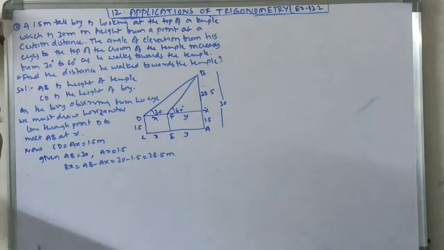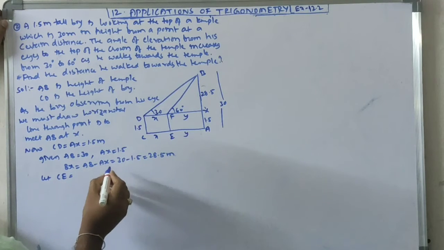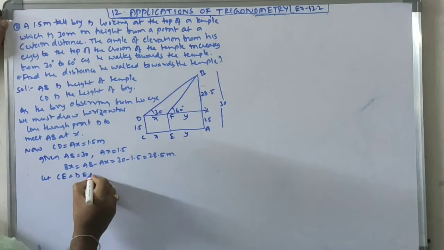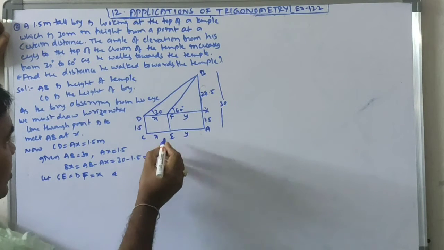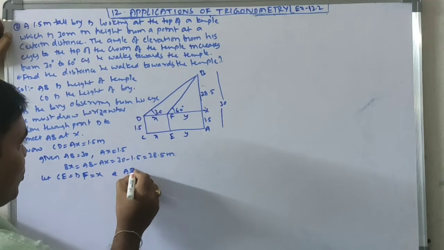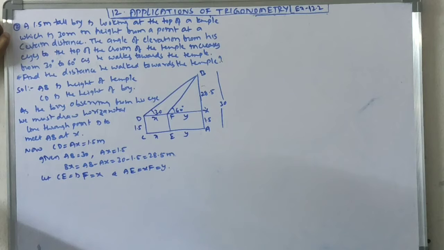Okay, now let's say CE equal to DF equal to x, and AE equal to XF equal to y.